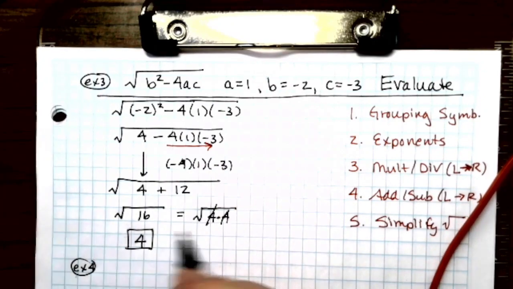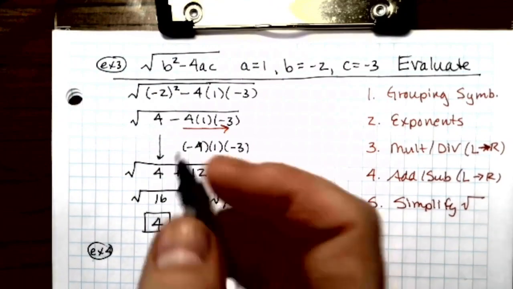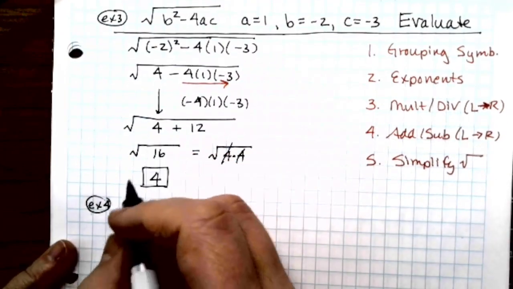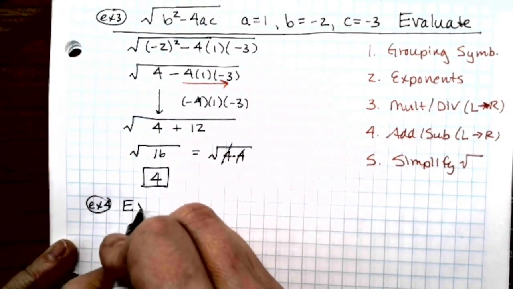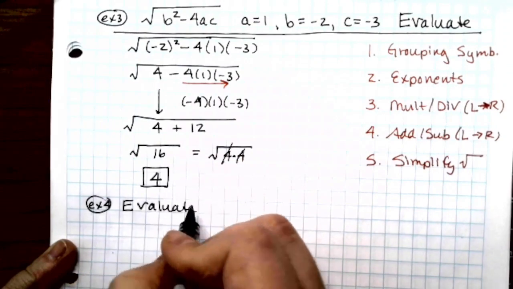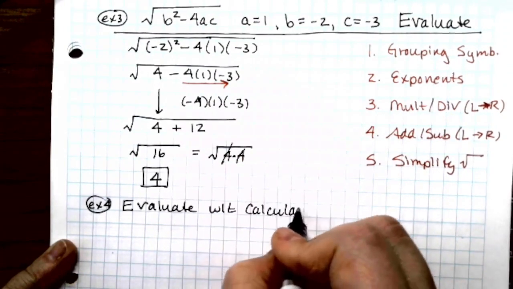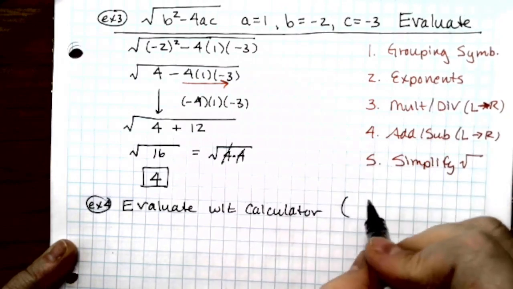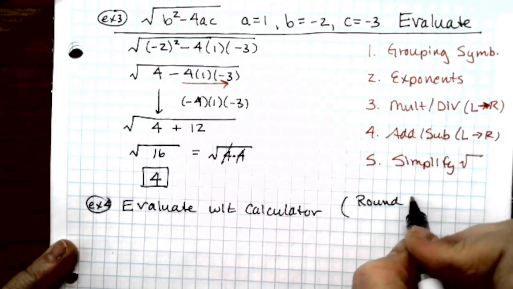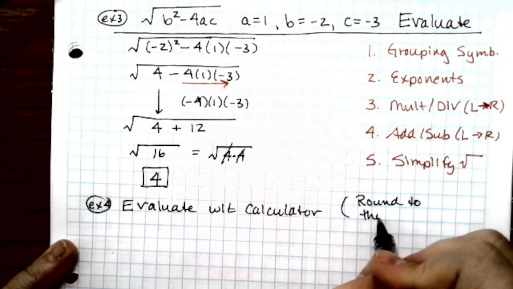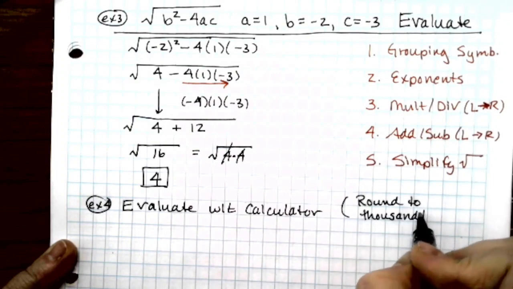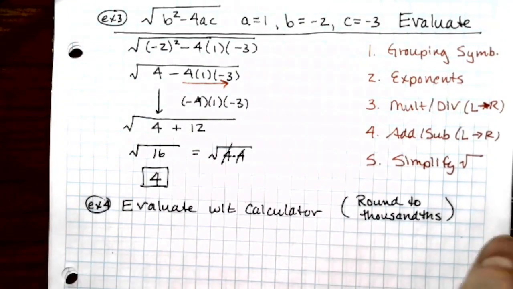All right, example 4. There's going to be a set of questions where the directions will say, evaluate with a calculator. And I believe on your worksheet it says round to thousandths, which means to 3 decimal places.